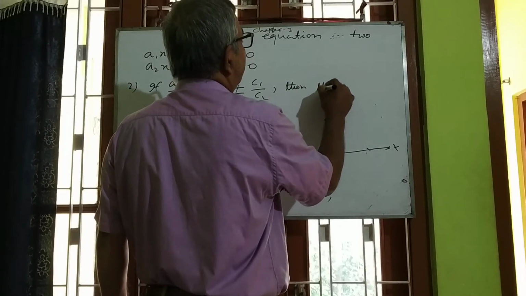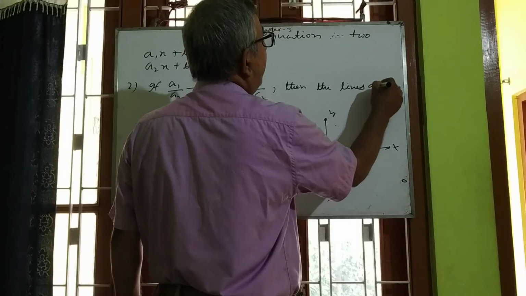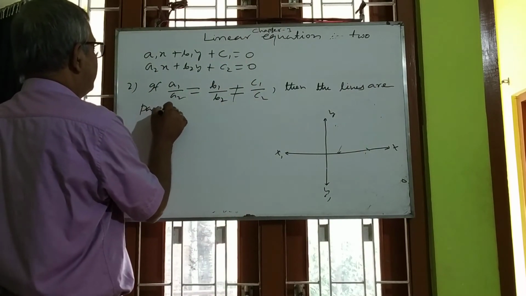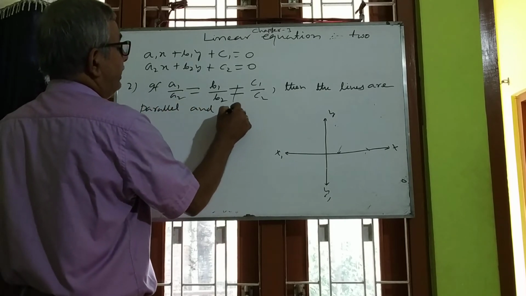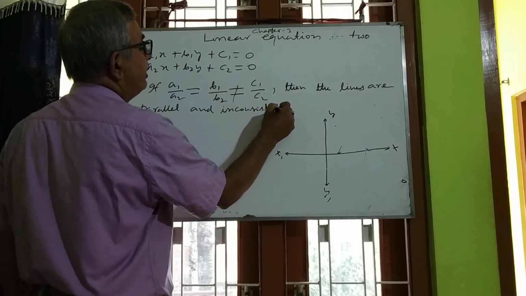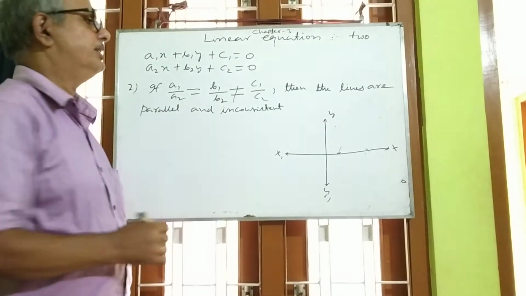Then the lines are parallel and inconsistent, which means they will never meet each other.